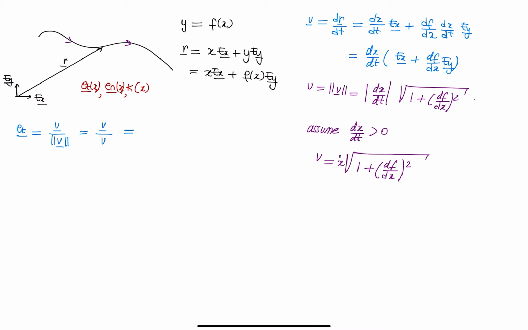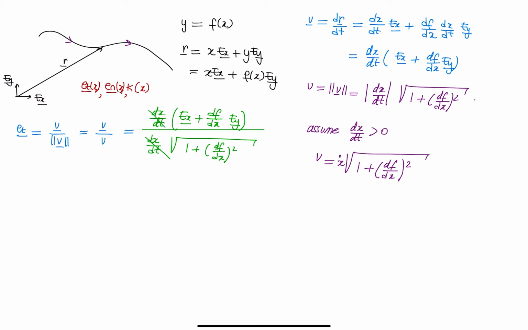So going back here, I can write e_t as dx by dt e_x plus df by dx e_y over basically just the magnitude of that vector, x dot, which is again dx by dt, times the square root of 1 plus df by dx squared.